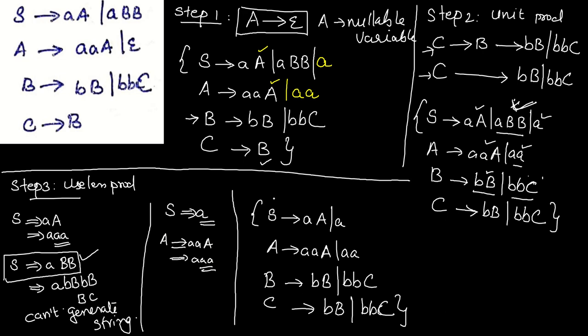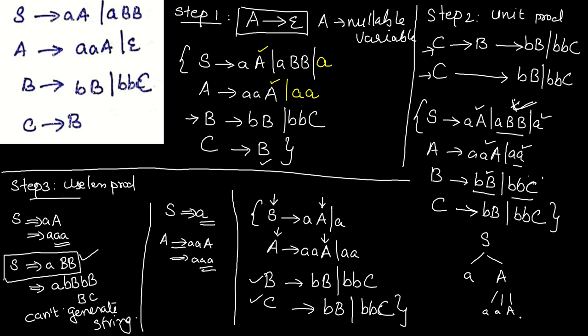So suppose we start from S. From S we can reach A. And from A, we are again going to A only. There is no way to reach B and C from S. That means when we start deriving any string, when we substitute again for A, we will get A only.